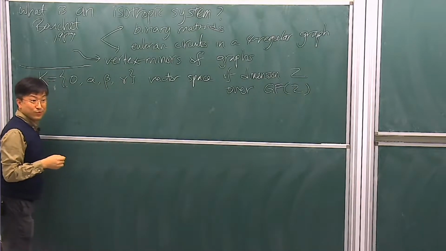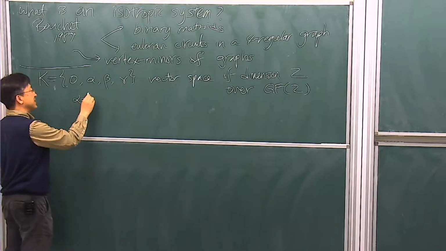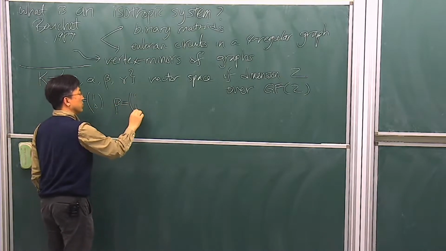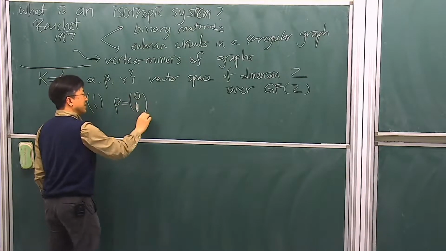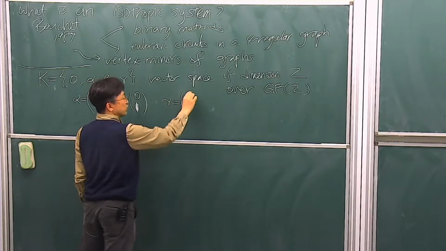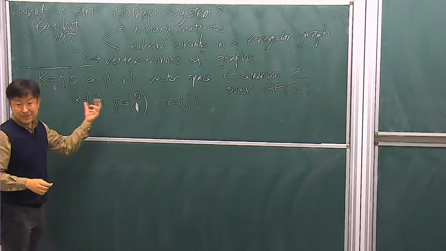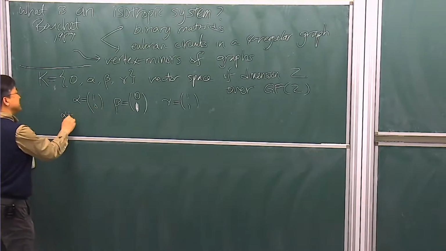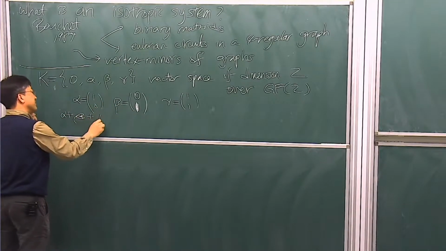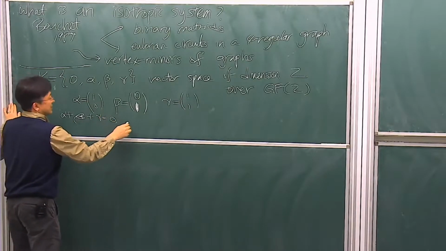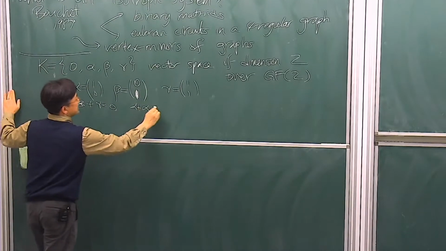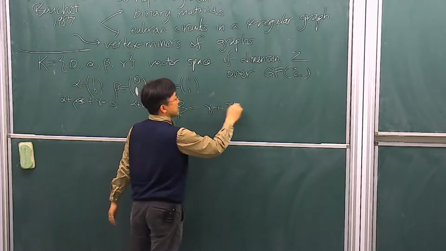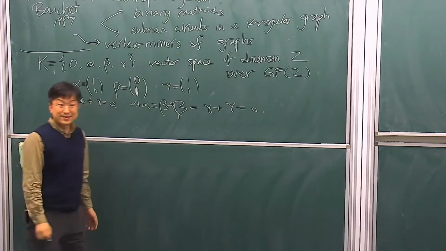So you can imagine that alpha is like 1, 0, beta is like 0, 1, and gamma is like 1, 1. Then alpha plus beta is gamma, and so alpha plus beta plus gamma is 0, and if you add the same thing, these are zeros.